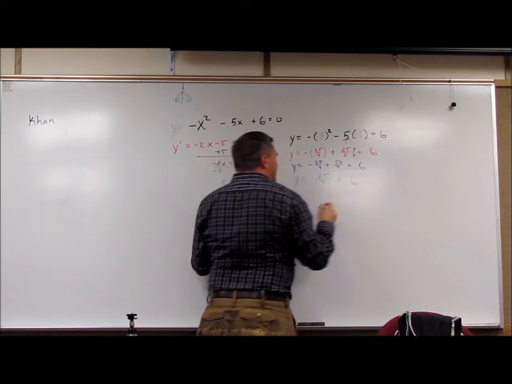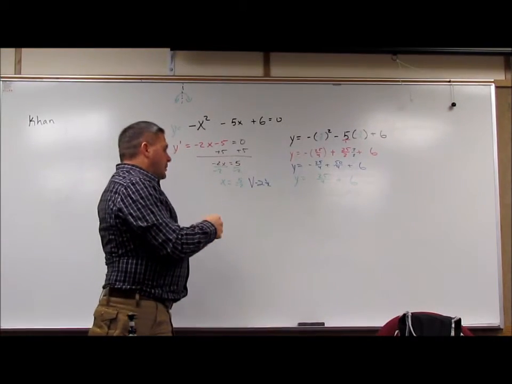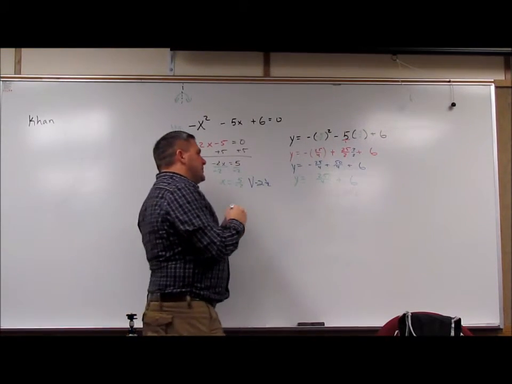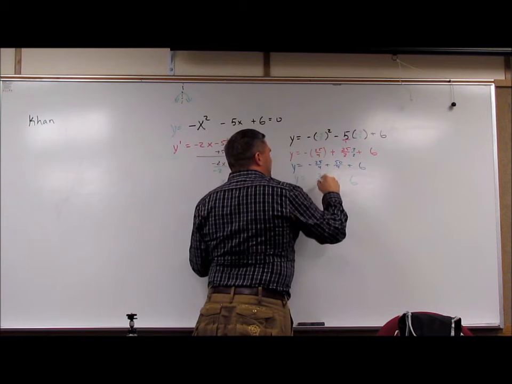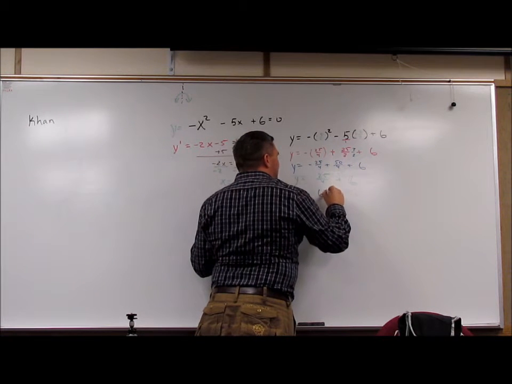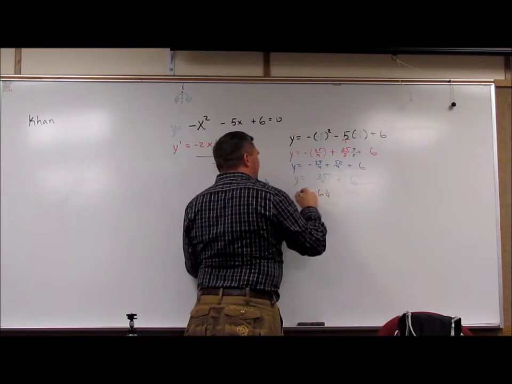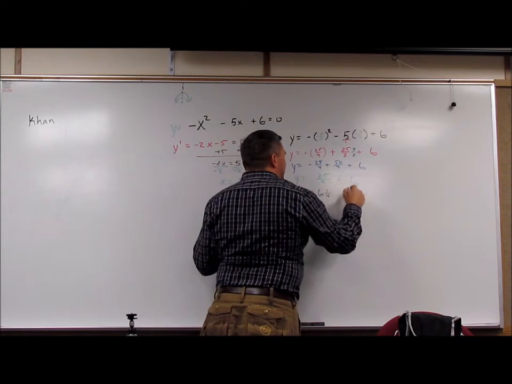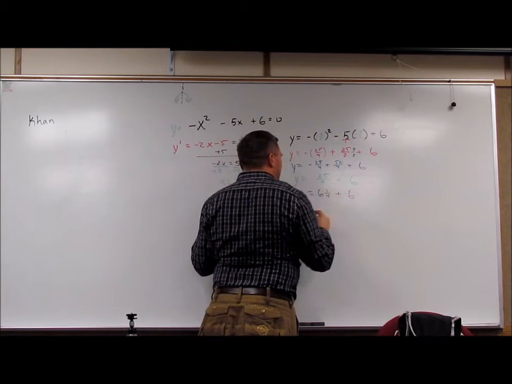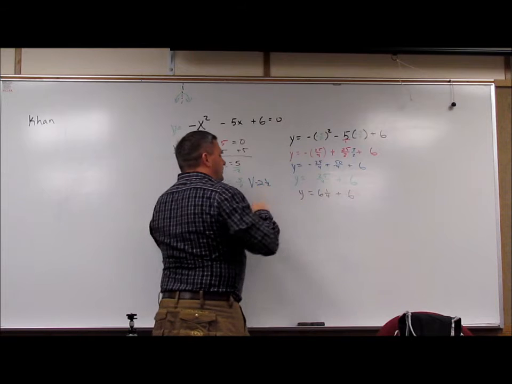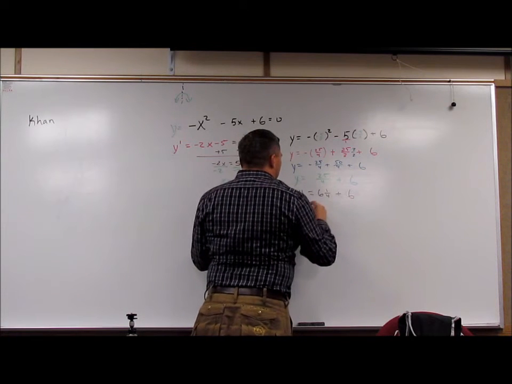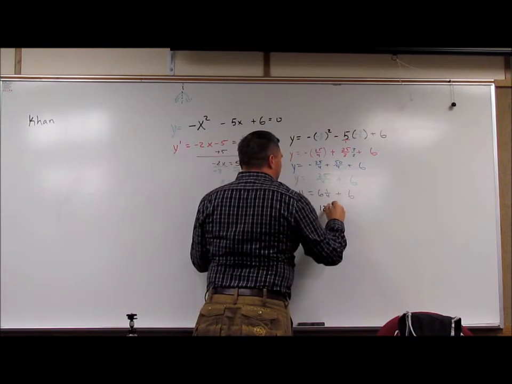Plus 6. And 25/4 is the same as 4 goes into 25 6 times with 1 left over, right? So y is equal to 6 1/4 plus 6. So therefore my final answer for y is 12 1/4.